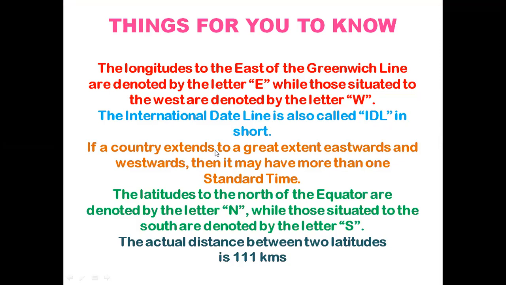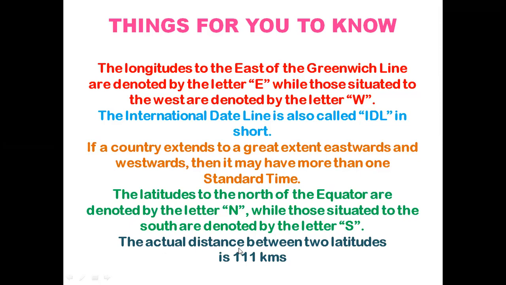If a country extends to a great extent eastwards and westwards, then it may have more than one standard time. The latitudes to the north of the equator are denoted by the letter N, while those situated to the south are denoted by the letter S.